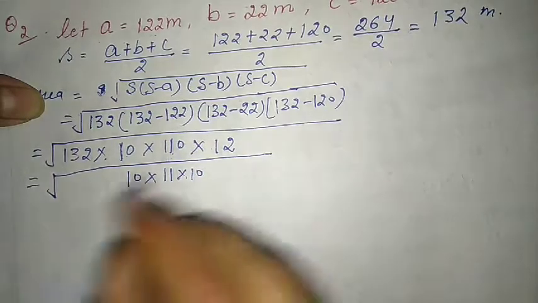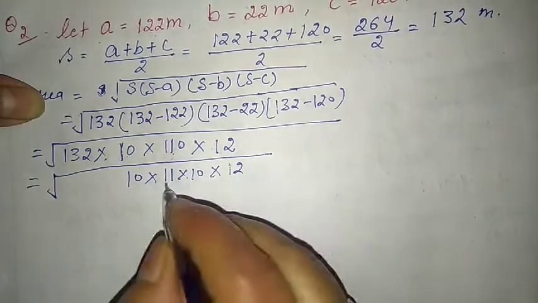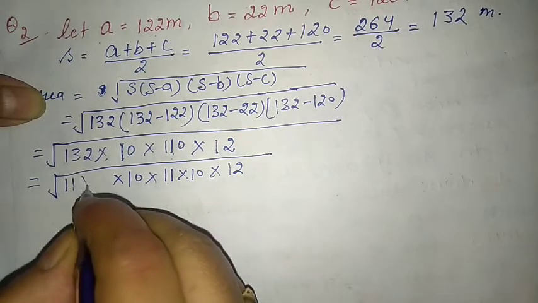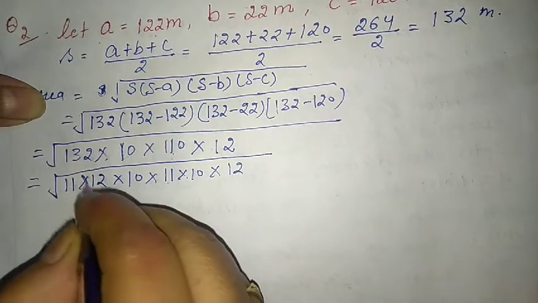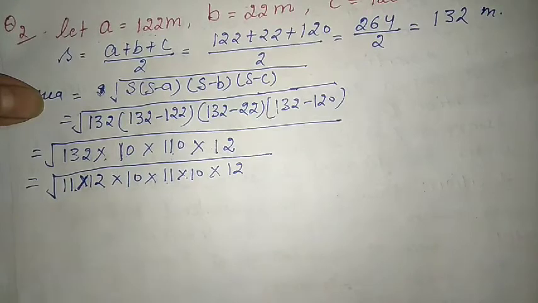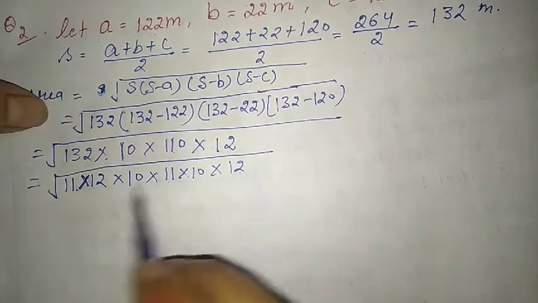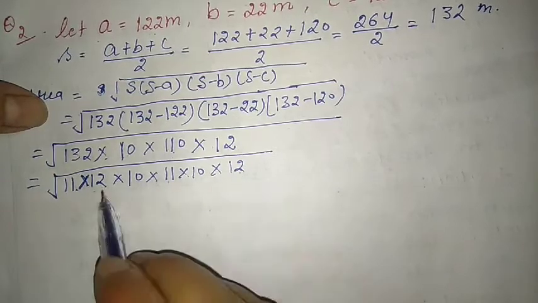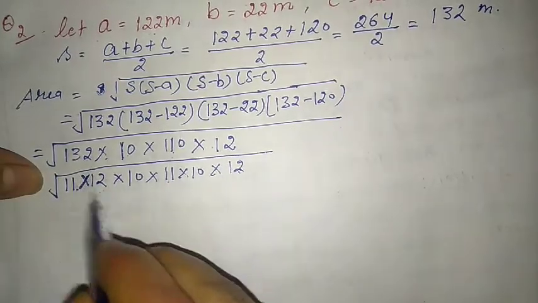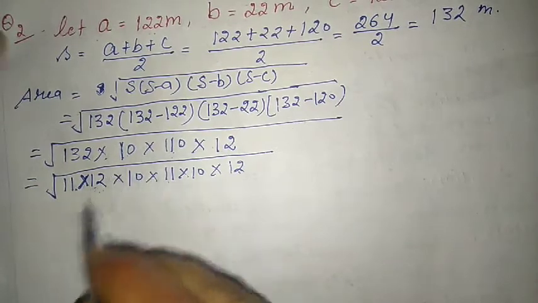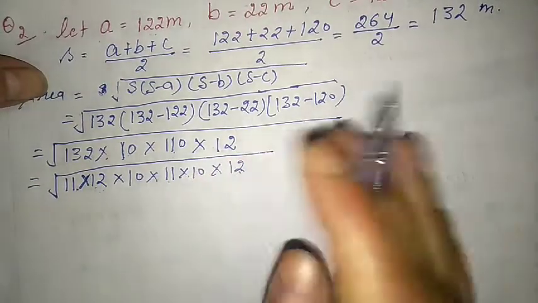Here we have 132, 11, 10 and 12. 11 and 12 both are here, so we can write 132 as the factors of 11 and 12. No need to factorize it further into prime factors because the pair is already here. No need to divide 12 as 2 into 2 into 3.